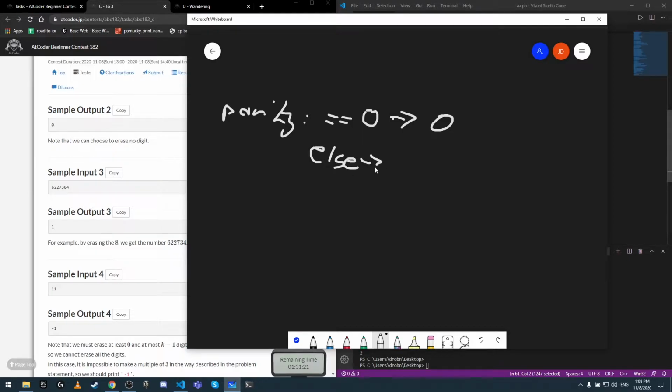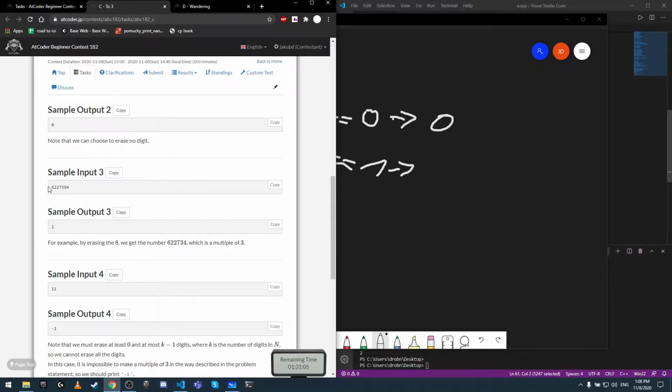What do we do? Well, if it's 1, then we need to find some number which is 1. If we have some number with parity 1, which is easily solvable, then we can erase that number. For example, here we have 10 plus 10 plus 12, so that's 32.